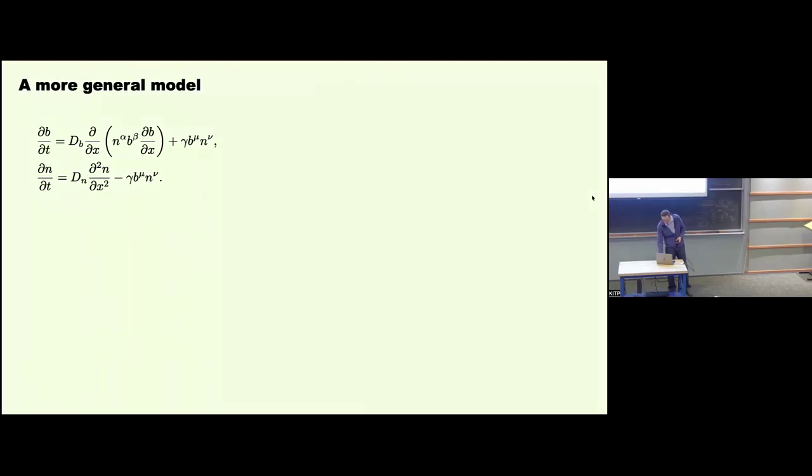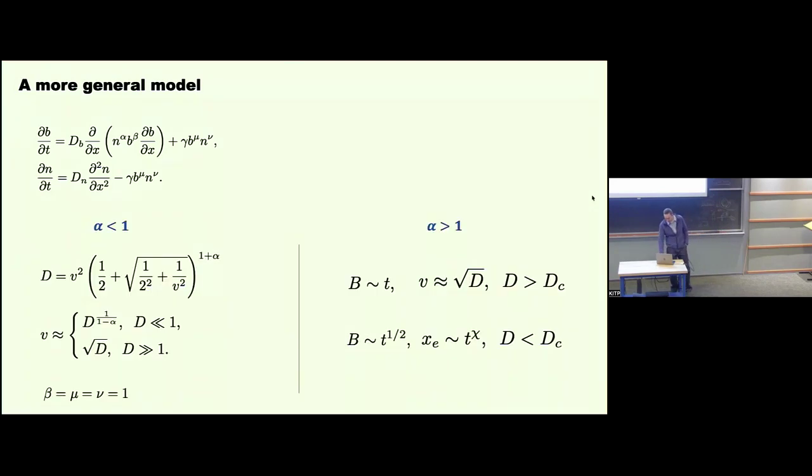And now, if you solve the simple model, you can of course say, well, maybe I can get other exponents. So here we have only t to 1/2 and t to power 1, right? If you want to get other power laws, perhaps you can do a generalization like this. We looked at it very briefly, and basically we found that the key parameter is this exponent alpha, such that when alpha is less than 1, you only have the velocity.